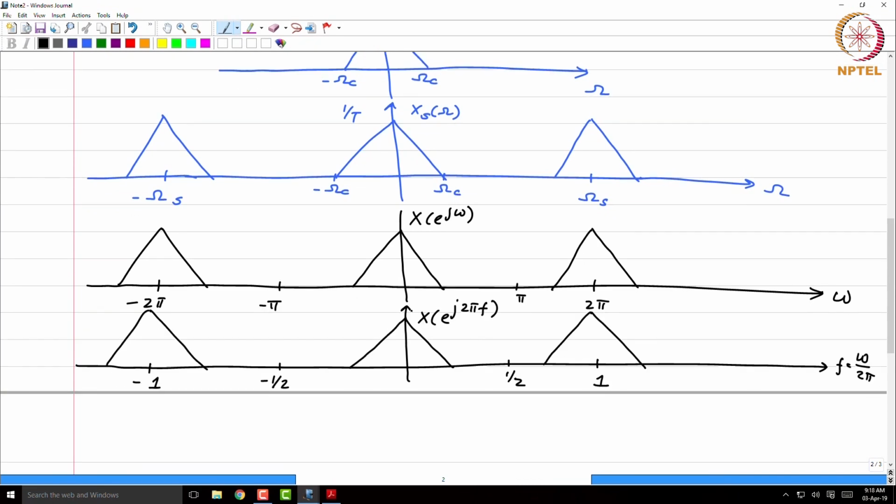So we are compressing by a factor of fs. Therefore, this frequency, which is omega c, now becomes omega c by fs.